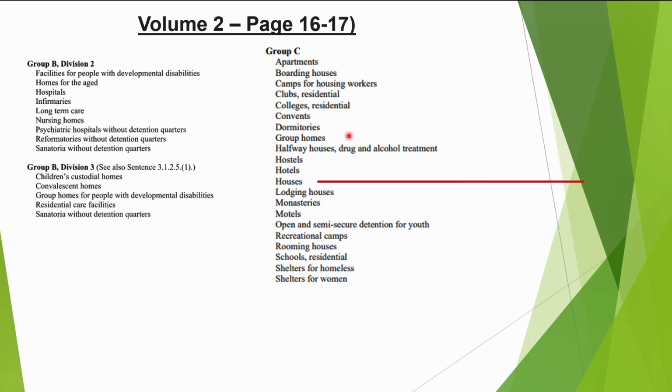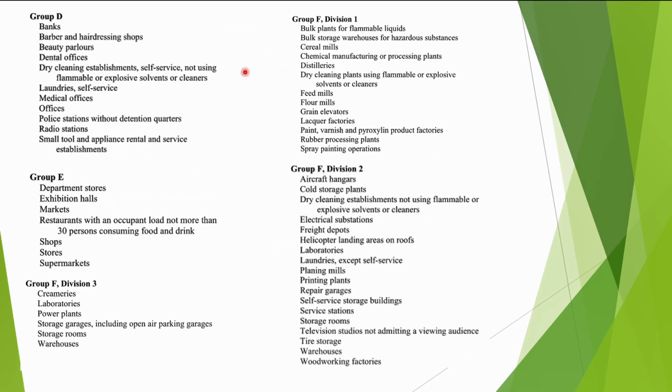Now, for this module, as mentioned, we're going to be looking at houses. Where can you find houses, under which group? That's Group C. A house is found under Group C occupancy. If we want to talk about an office space, where do you think you would find it?